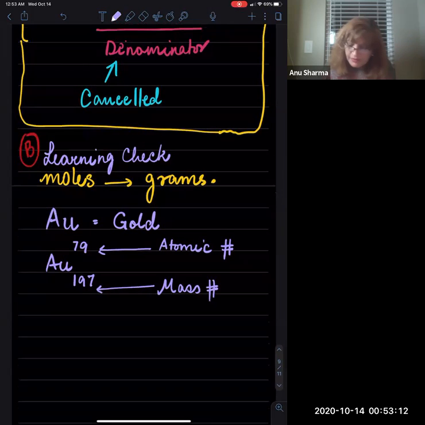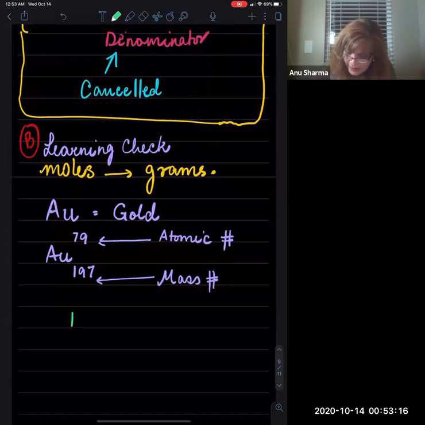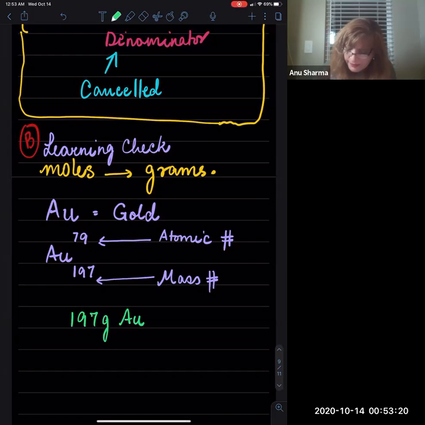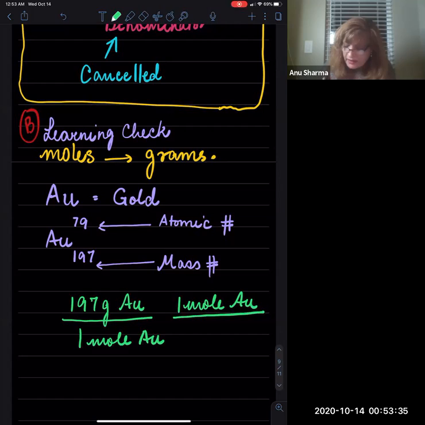Okay, so same thing, 197, what does it mean? It means that 197 grams of gold is present in 1 mole of gold. And this also means 1 mole of gold contains 197 grams of gold.